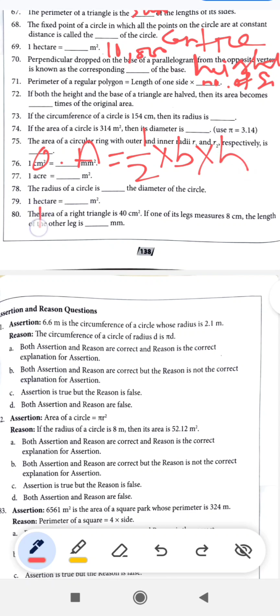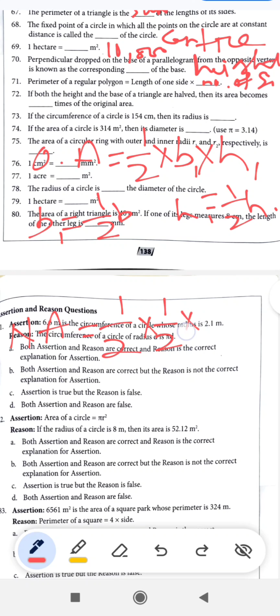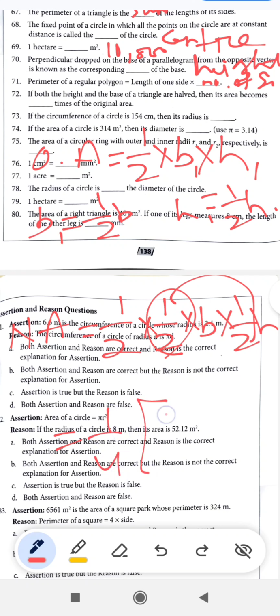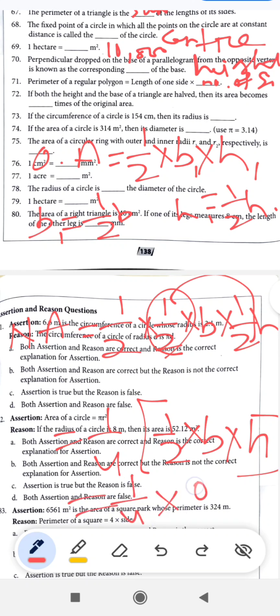If the base is halved, it means half of B, and height will be half of H. So the new area will be half into half of B into half of H. Here 1 by 2 into 1 by 2 is equal to 1 by 4, and then half into base into height. So that is 1/4 of the original area. So that is 1 by 4 times.